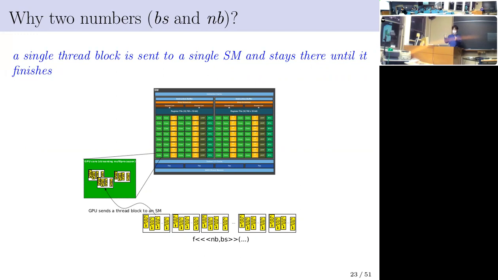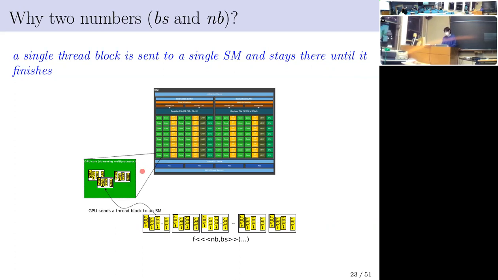A thread block is the unit of scheduling from the perspective of GPU hardware. What the GPU is essentially doing is fetching a thread block at a time and sending it to whichever streaming multiprocessor happens to be available at that time. Just consider the thread block the unit of execution from the perspective of GPU hardware.